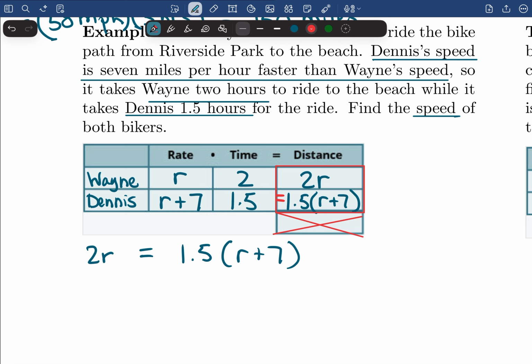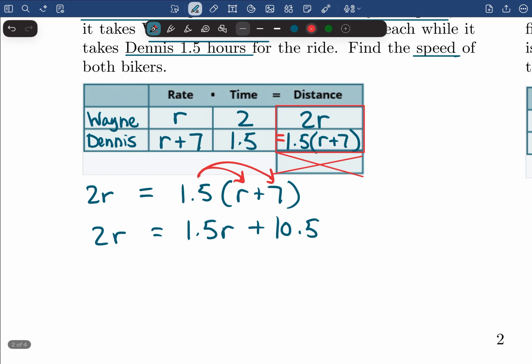Now, all we have to do is solve. We've set everything up, and so we'll distribute, and we'll find 2R equals 1.5R plus, well, 1.5 times 7 gives 10.5. Now, the goal is to get all the terms with the variable on one side of the equation.